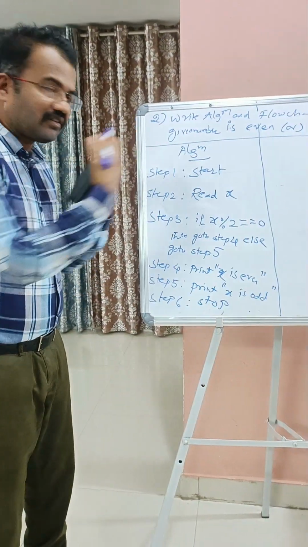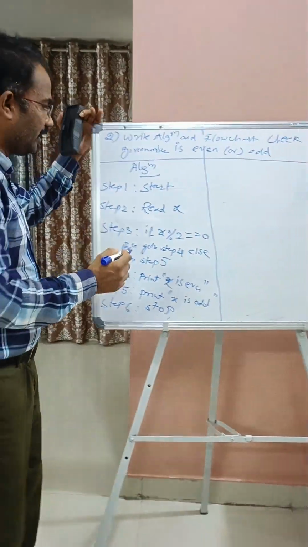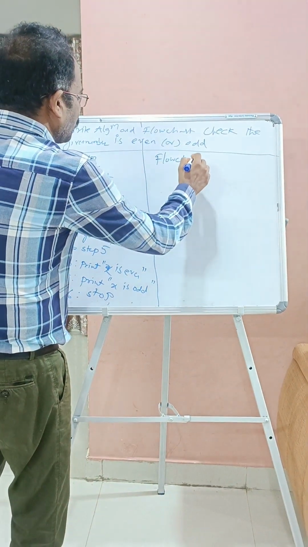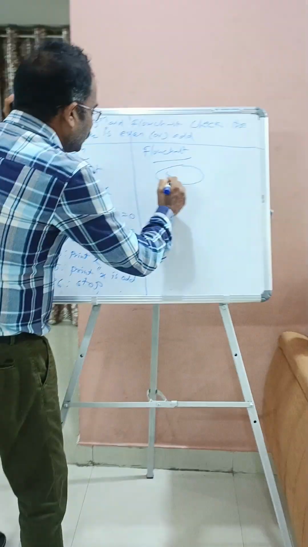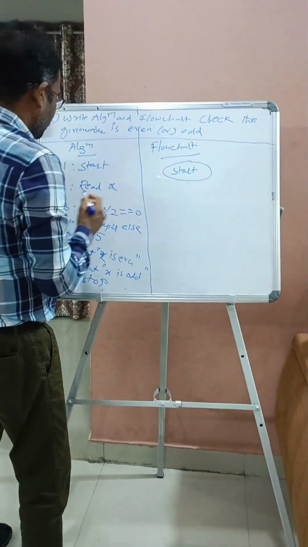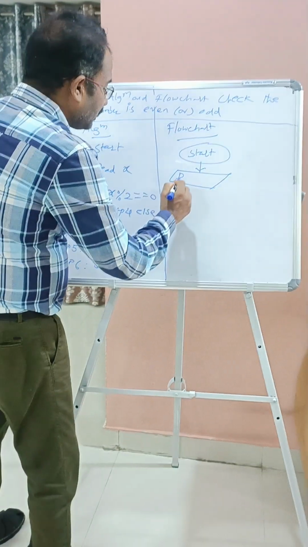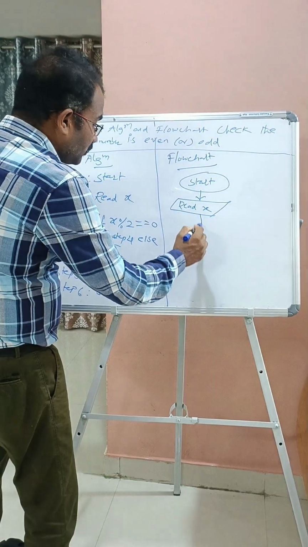Now I am going to convert this algorithm to a flowchart. Start. What symbol do we use for start? Oval. Next, read: parallelogram. Read x. Next, for the condition, we have to use the decision box.